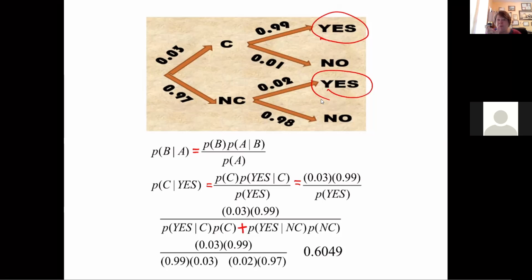I have 0.03 times 0.99, and I have 0.02 times 0.97, and I add those two together. And that gives me the probability of the two yeses.